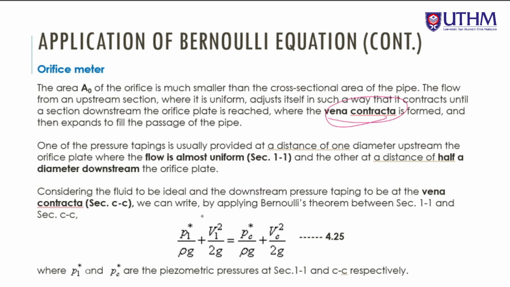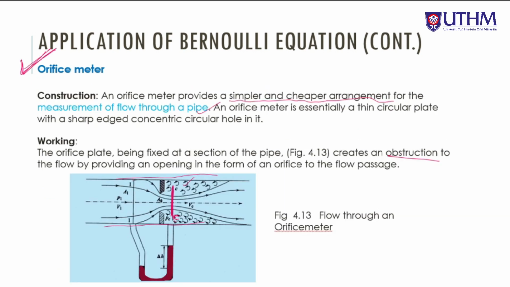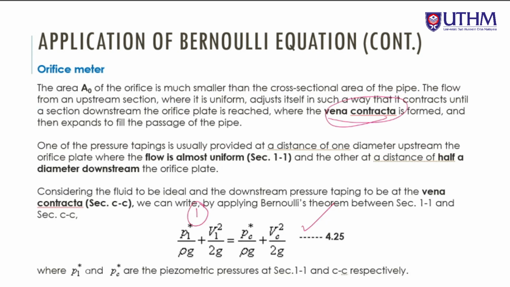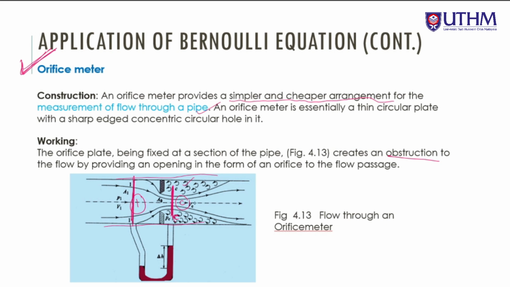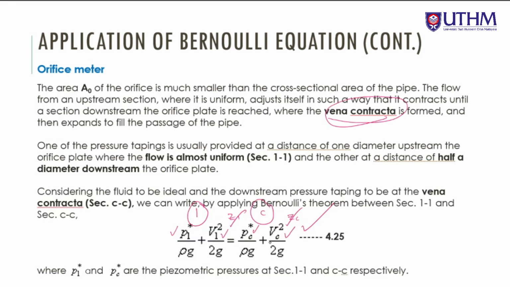Based on the Bernoulli equation, we have this. The difference is this one at position 1, before it enters the orifice, and the position at the vena contracta, or C. So we replace P1, V1, PC and VC. There are no Z terms, Z1 and ZC, because there is no elevation, it is a straight horizontal line. So the equation would be like this.